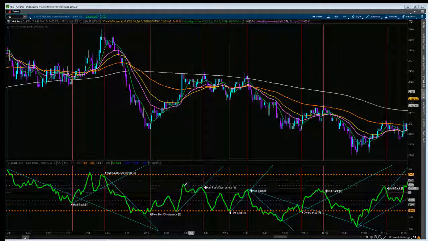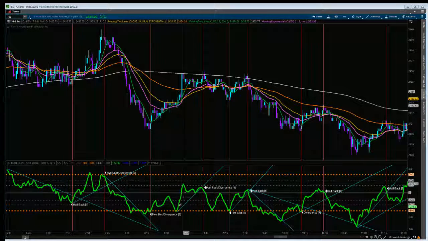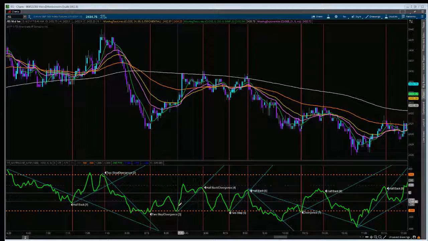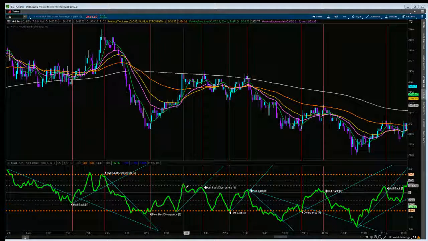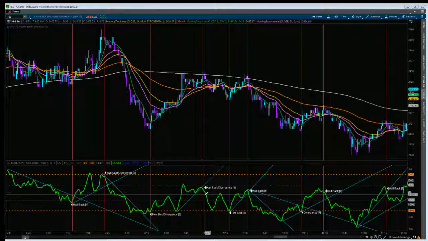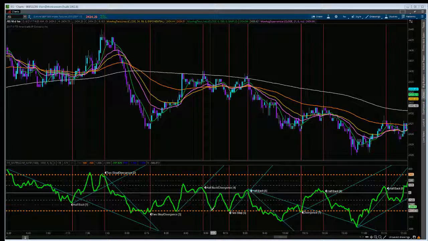You can see that it pushed, and again, the rule of the halfback is it has to come off of the orange, or below it in this case. So it came off the orange, got just over halfway, chopped around for a little bit, and then you draw that blue line right there. As it breaks down below, there's your trade to take it down. Obviously not a lot of movement on that, but still a profitable trade for sure.